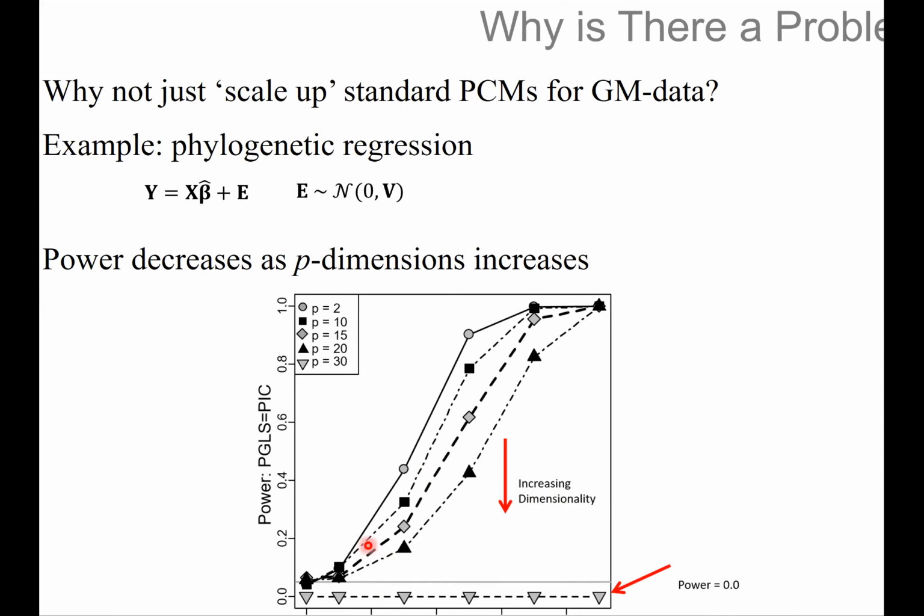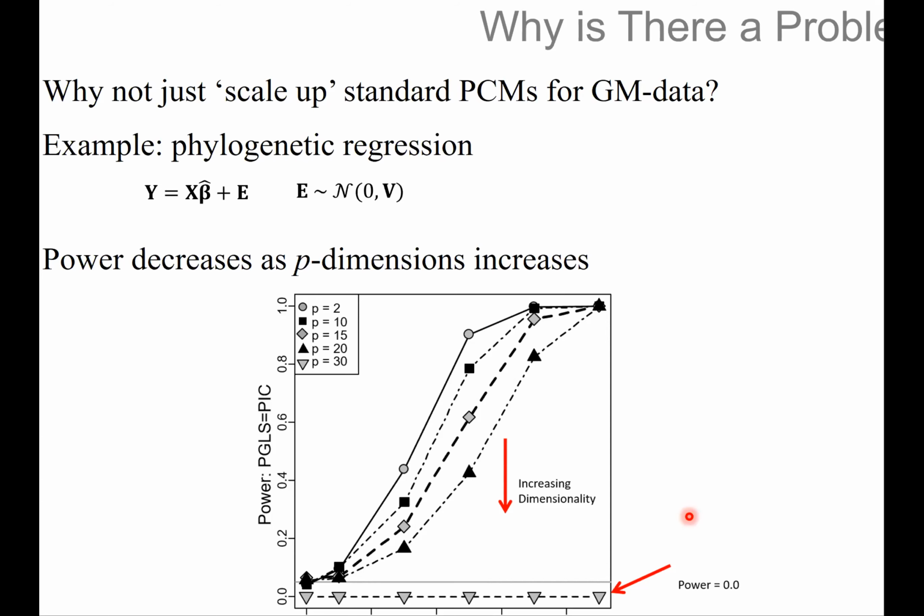What you see here in these gray circles is a nice power curve when we have lots of observations and only a few variables. But as the variables increase, as our multivariate data set, our phenotypes get more complex, power drops. And eventually, boop, hit 0. We've got a flat line. We are dead, statistically dead here, right? And so what this tells us is as our phenotypes get more complex, parametric methods begin to blow up.